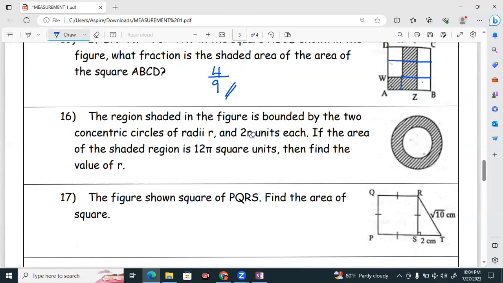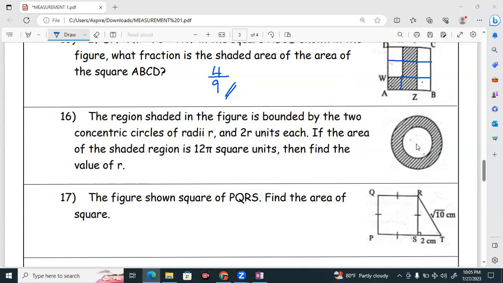Okay, in the 16th question, the region shaded in the figure is bounded by the two concentric circles of radii r and 2r units each.